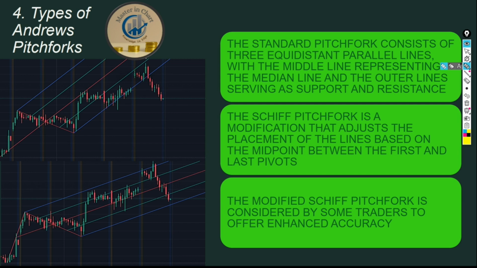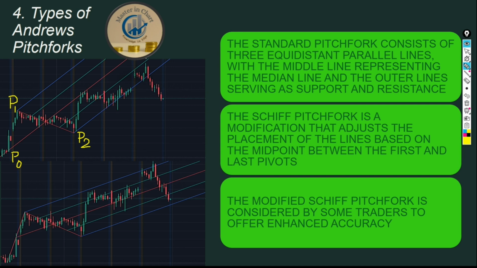This is the original pitchfork, because it connects with P0, P1 and P2. These are the pivot areas. We have to choose a minimum of 3 pivots based on which we can draw a pitchfork.